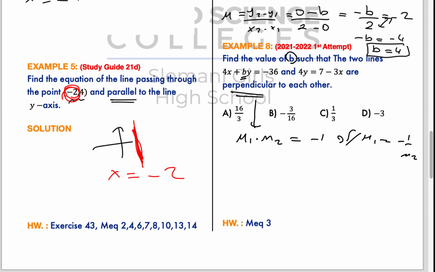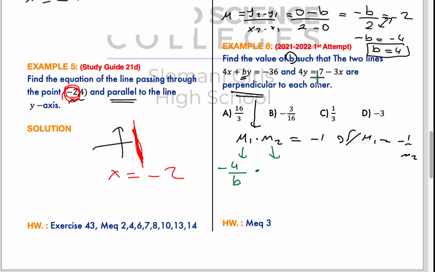So I need the slope of each. Let's find the slope of the first one by using the second way. Negative a, coefficient of x, which is 4, divided by b, coefficient of y, times m2, the slope of the other one.